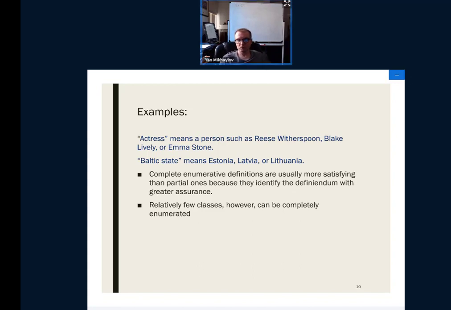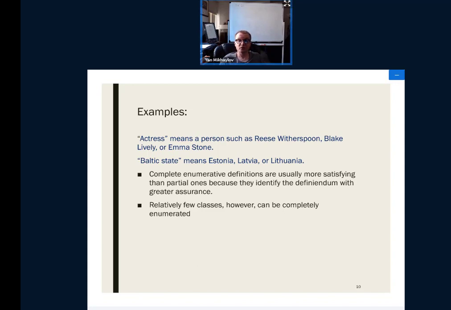So note that in the first case you did not list all the actresses, right? You just listed three of them. But in the second case, you listed all the Baltic countries, because there's only three of them in existence. So Baltic state means Estonia, Latvia, and Lithuania. That is a complete definition. Actress, not a complete definition.